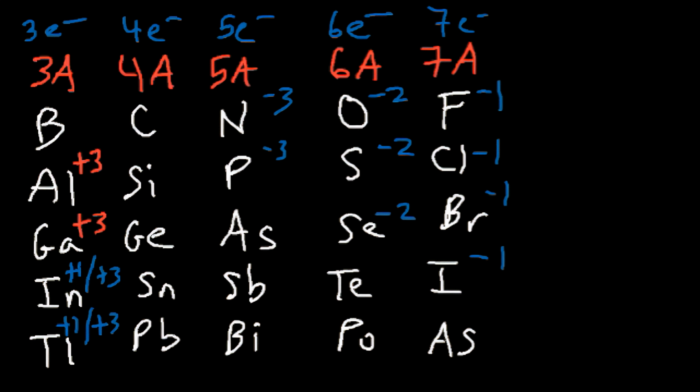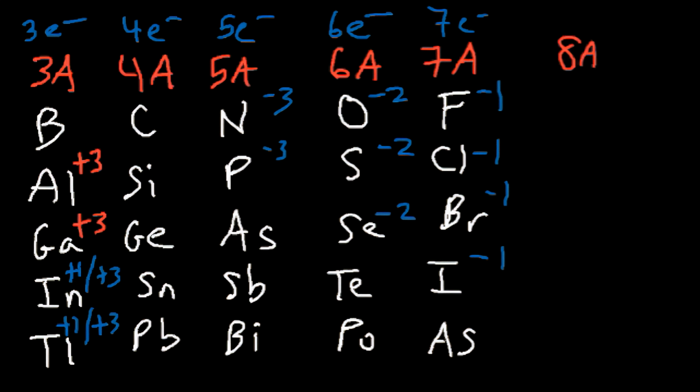So nonmetals tend to be electronegative. Metals are usually electropositive. Electronegative elements, once they acquire the electrons that they want, form negative charges. Electropositive elements like metals like to give away electrons, and they're going to develop a positive charge.